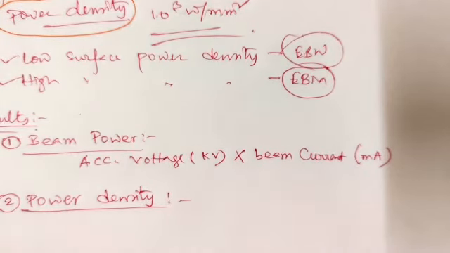That means focusing of the beam. The power density at the spot of incidence of the beam on the workpiece depends on factors like the size of the electron source on the cathode, the optical quality of the accelerating electric lens, and the quality of the focusing magnetic lens.